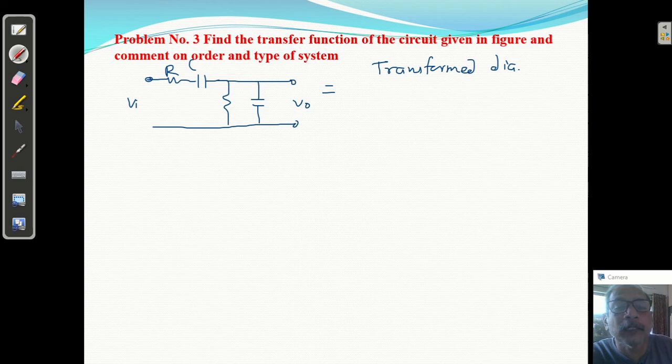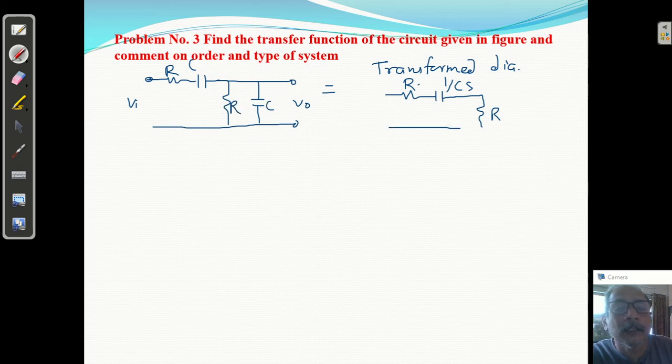What is the transform diagram? R will be R, C will be 1 upon CS. This is R, this is all R, and this C. It is given, suppose.